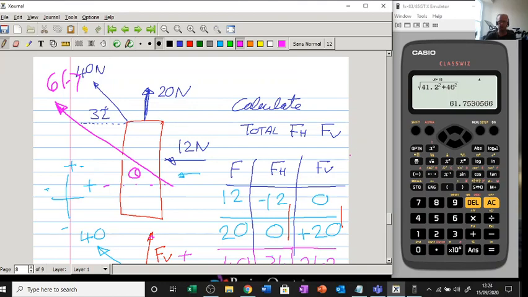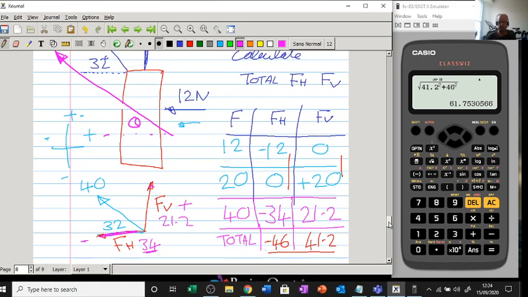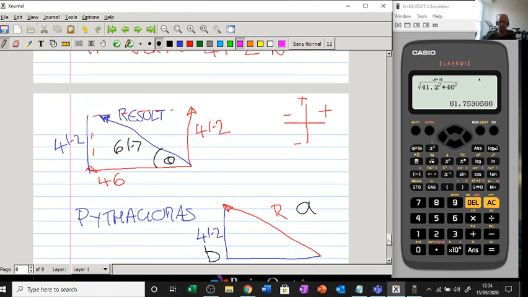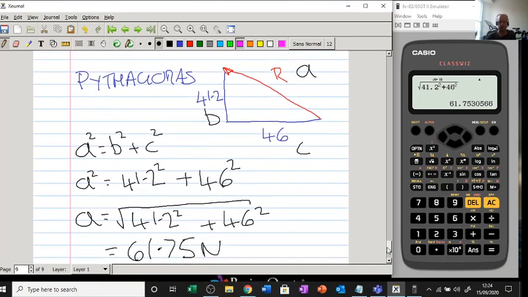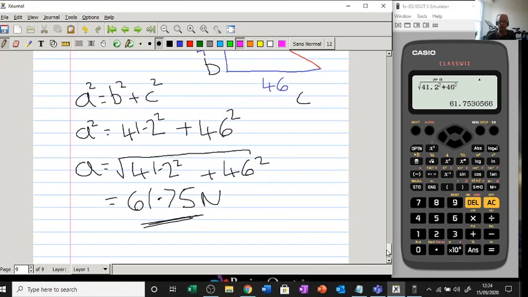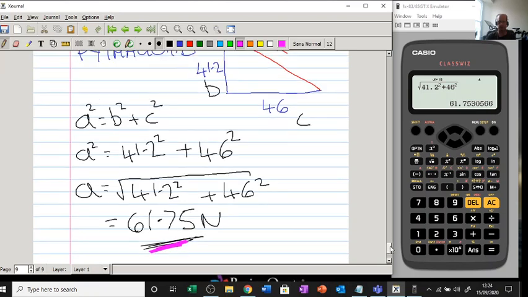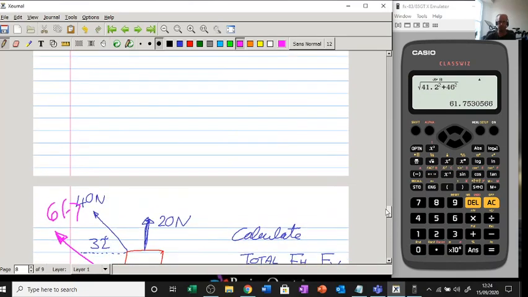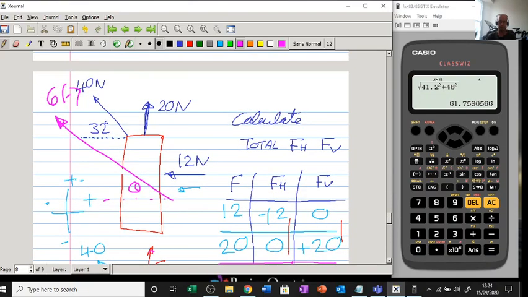But we know the resultant force is 61.7 because we've added up all the horizontal, added up all the vertical, and used Pythagoras to work that out. 61.75 is the resultant force. So, is this thing in balance? No, it's not in balance because it's got a resultant force. It's not in equilibrium, it's going to be moving. 61.75 newtons in that direction.